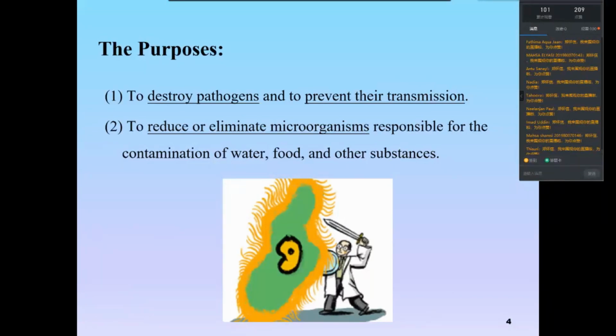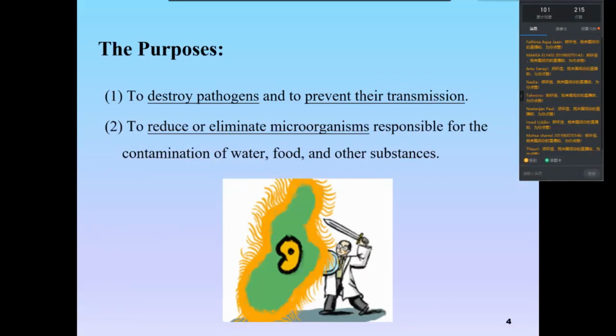To keep our lifestyle hygienic, we can practice some techniques to keep our drinking water, our food, and other things clean. Not free of bacteria or microorganisms, but we can reduce the amount of pathogenic bacteria.